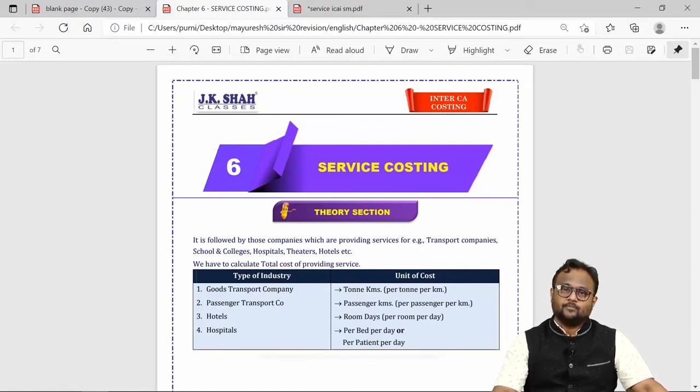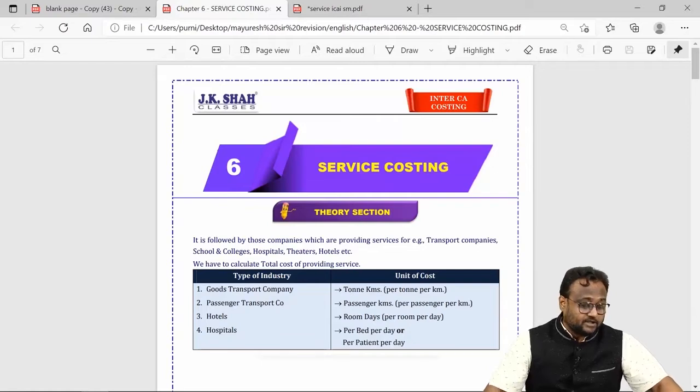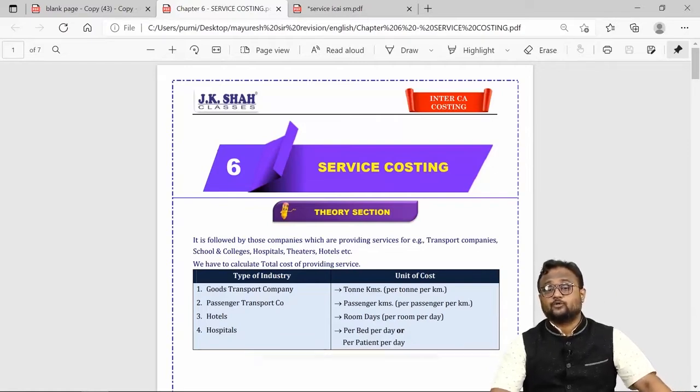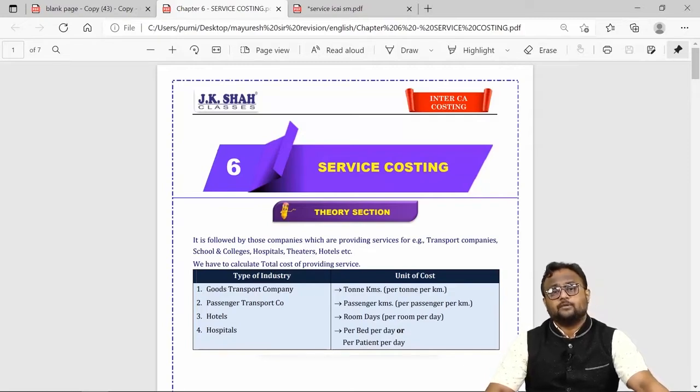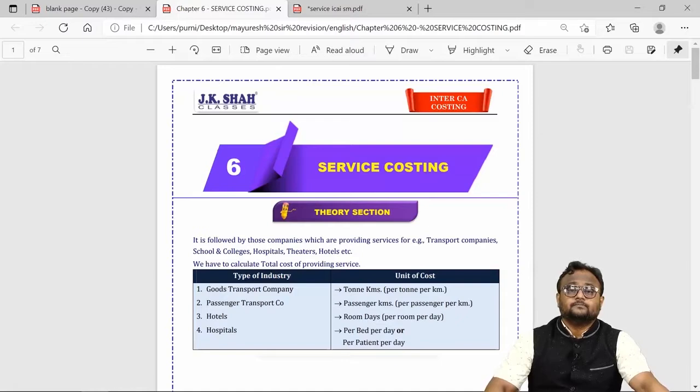In case of a product, it is only per unit, per ton, per kg, per meter, per liter. But in case of passenger transport, you need to know how much you're supposed to charge one passenger for 1 kilometer. In case of goods transport, you need to know how much you're supposed to charge for each ton for 1 kilometer. If you're running a hospital, you should know how much you're supposed to charge a patient on a per patient per day basis.